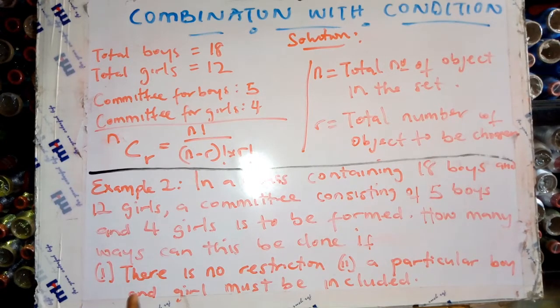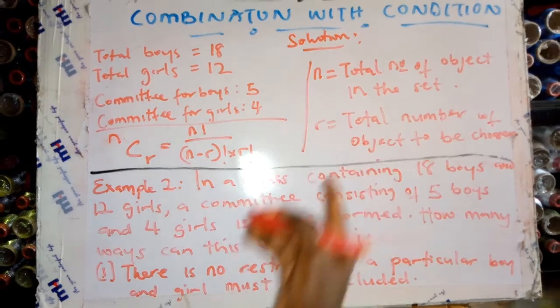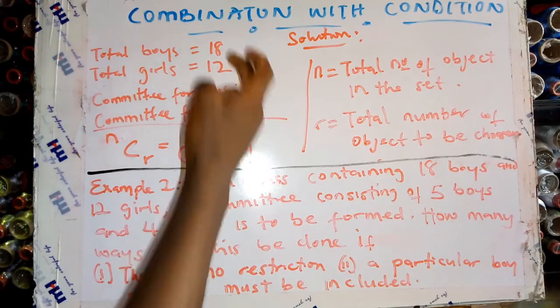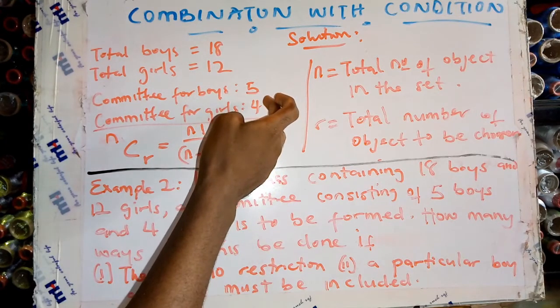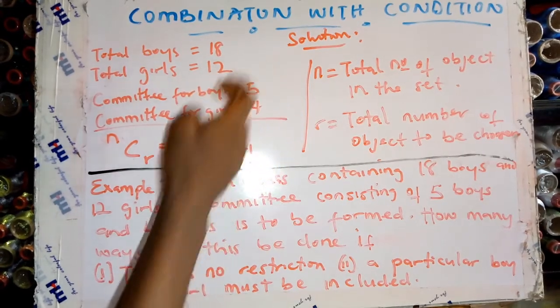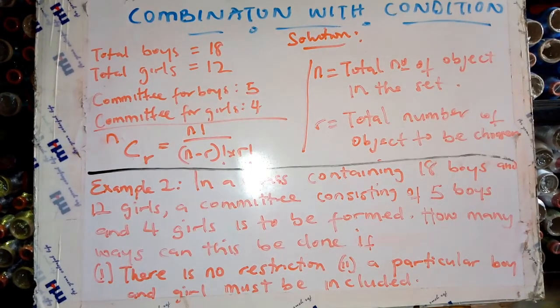Back to the first question, you can write this down because I'll be rubbing it off because of space. The question says that if there is no restriction, how can we pick 5 boys from 18 boys and then 4 girls from a total of 12 girls? So let's do that.